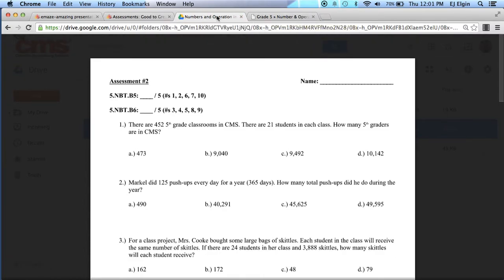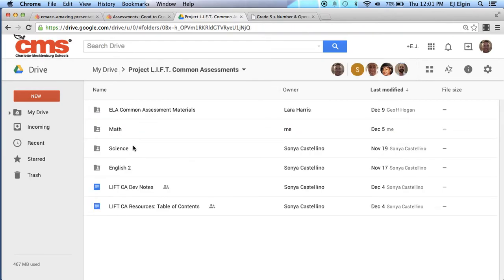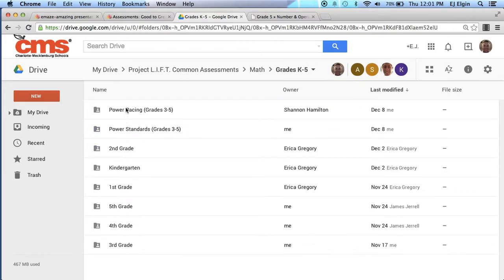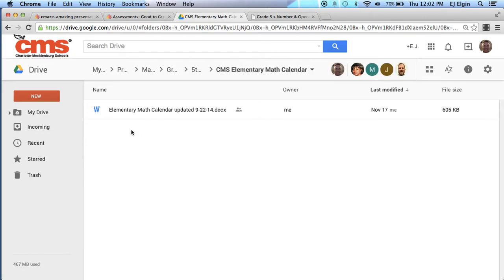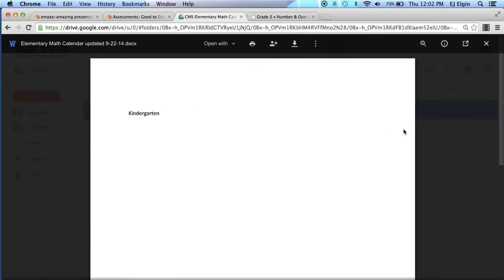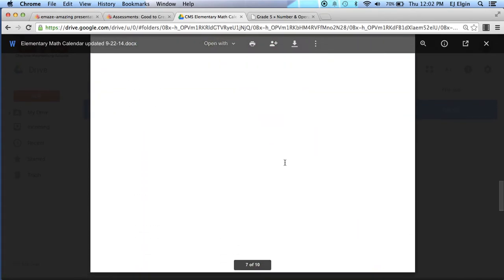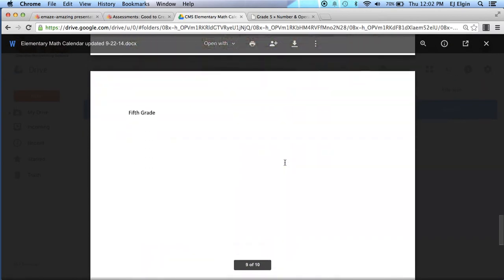Okay. Let me refer you back to our folders that we're putting together as a Lyft community. I will show you that within math, we also have pacing documents provided. In particular, I can open it up by grade level as well. So if I open up elementary, 5th grade, excuse me while I scroll down, you will see 5th grade, 4th grade.